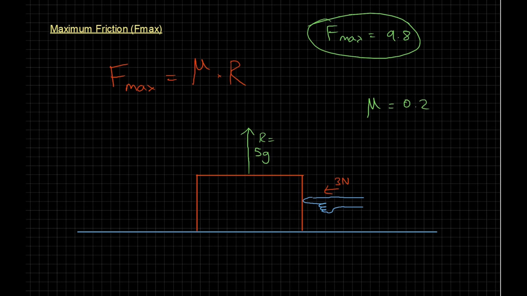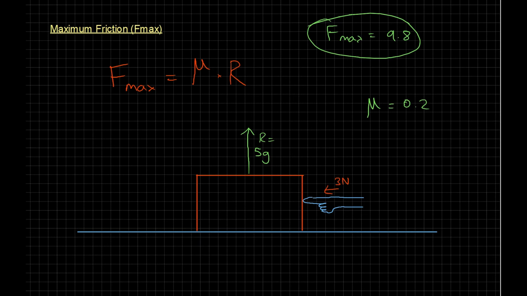The reason is no is because when you push an object on a surface, the friction will push back if it can. In this case, the most that the friction can push back is 9.8. It's the F max. However, I'm only pushing with 3. So the friction can totally match my force.